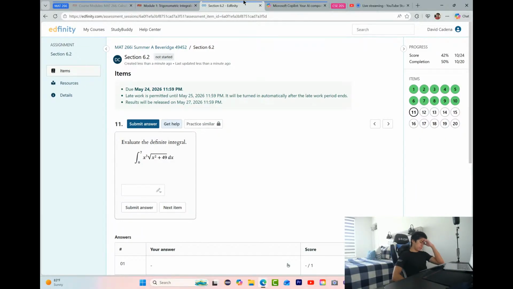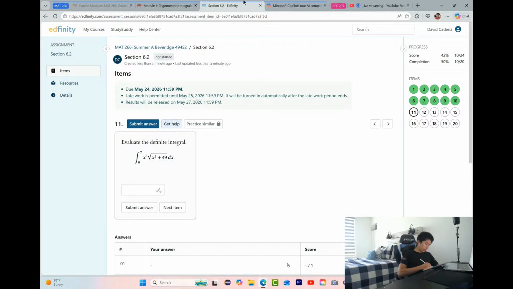So let's replace: the definite integral from 0 to 7 of 7 cubed tangent cubed of theta times the square root of 49 tangent squared of theta plus 49.